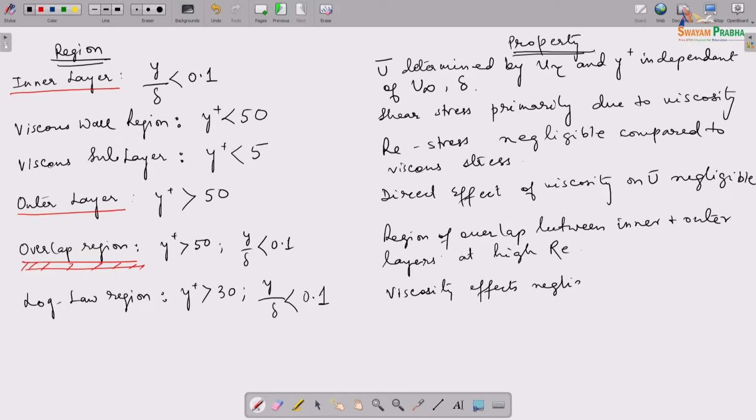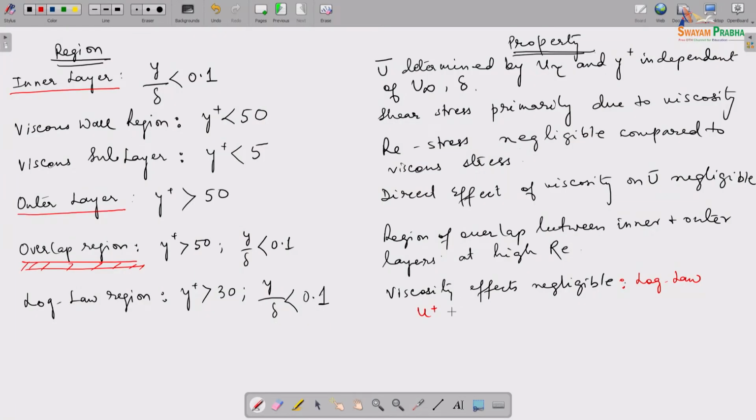Now this log law is essentially connecting the velocity with the length scale. So u plus is a function of y plus, and this is basically a log function.